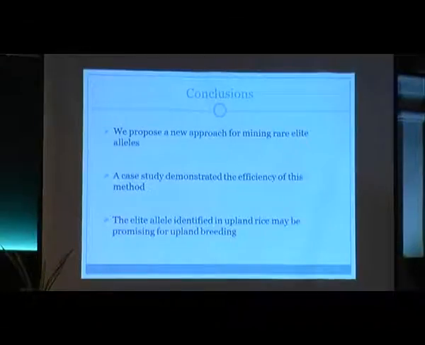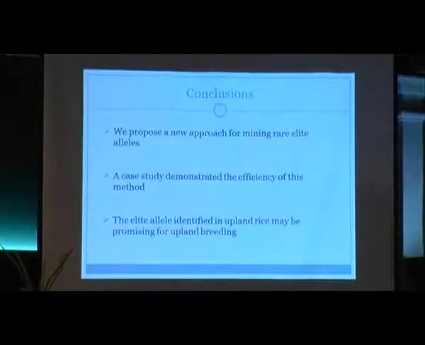Okay, to sum up this speech, I think we have proposed a new concept of elite variety tag SNPs. Although this method is simple, I believe it will prove useful in future breeding, because sometimes a useful method does not necessarily need to be complex, I think.